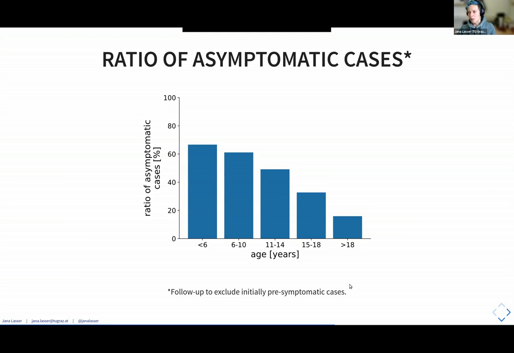And this is, I think, explained by the fact that the cluster tracing mechanism that Austrian health authorities employ actually has follow-ups. So they will identify people who were pre-symptomatic when the first contact to the health authority happened, and they exclude these pre-symptomatic people that later became symptomatic in the statistic. So this really is only asymptomatic people, not pre-symptomatic.